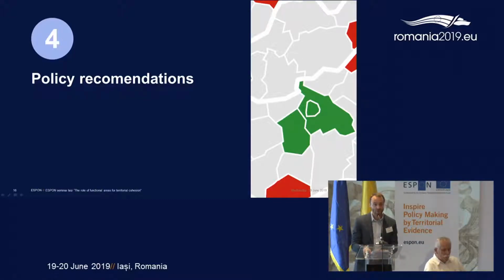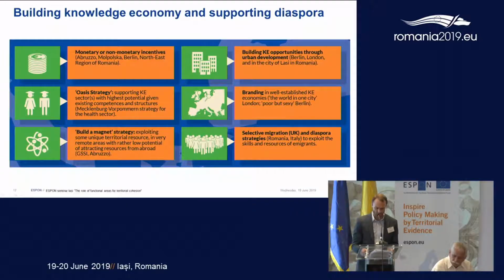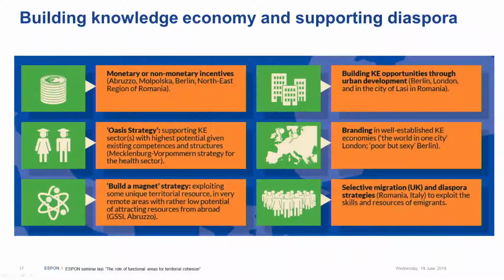Now the policy recommendations, something more specific, not just an option. When it comes to the knowledge economy, the ESPON Employ project developed 5 ways to address how to build the knowledge economy. They proposed to look at monetary and non-monetary incentives, to develop an OASIS strategy, meaning supporting knowledge economy sectors with the highest potential given the existing competences.